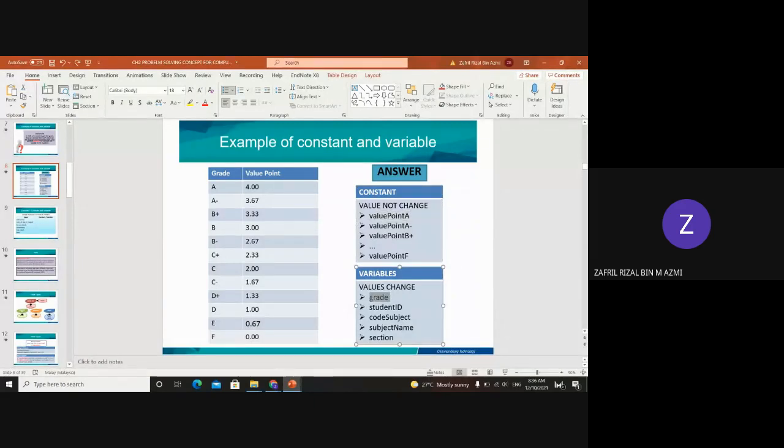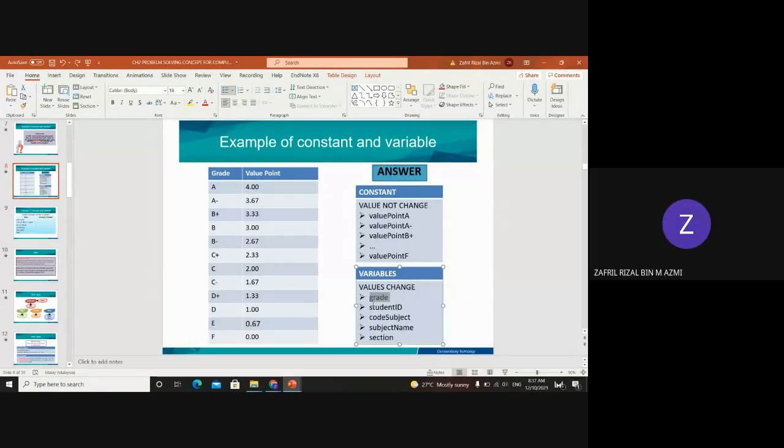Why is grade a variable, not a constant? Can I put grade as a constant? Is it wrong? Any idea, class? Cannot.